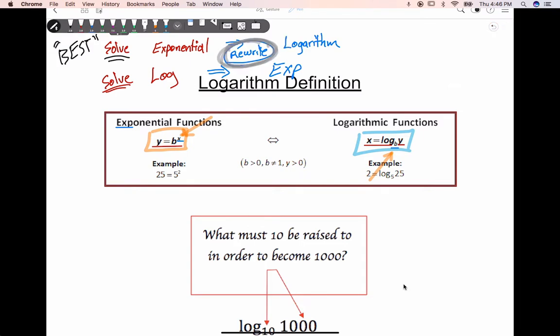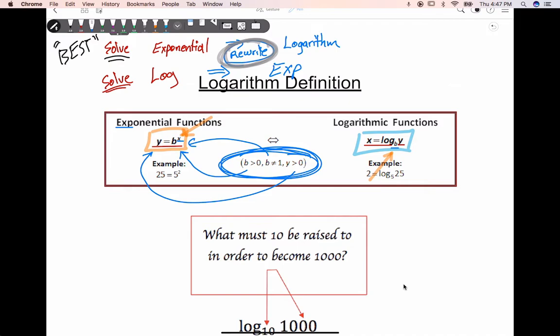Okay, so there are a couple of restrictions that are important, and you will learn this more and more throughout this unit. b cannot be 0. It has to be bigger than 0, and it cannot be 1 either. It has to be either a fraction between 0 and 1 or a number that is bigger than 1. And of course, this y over here also cannot be 0.